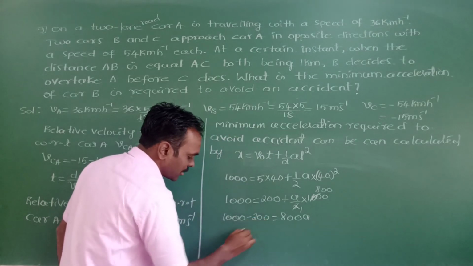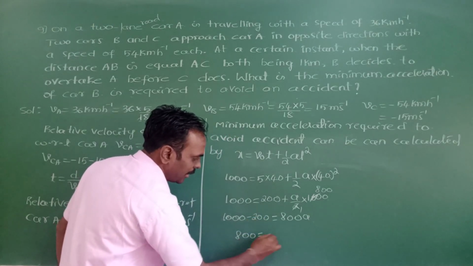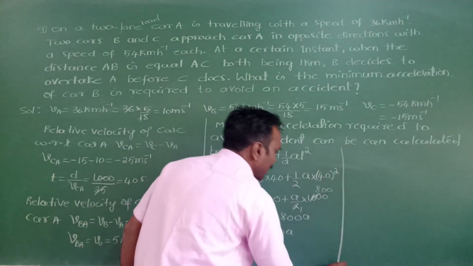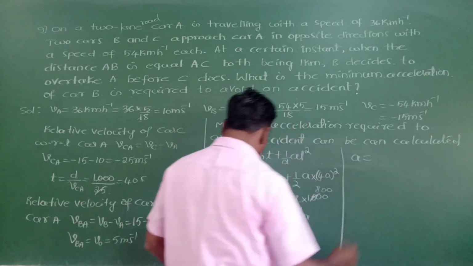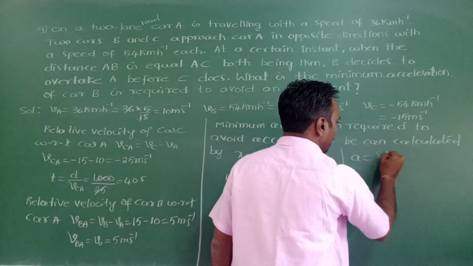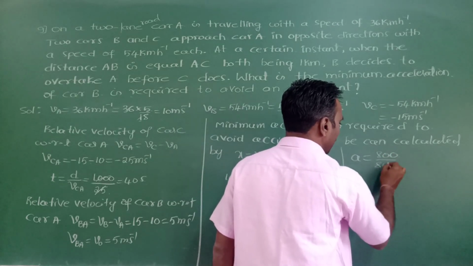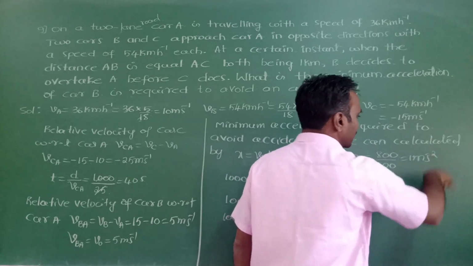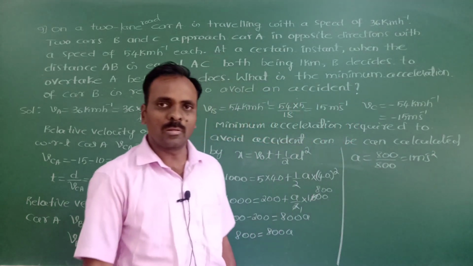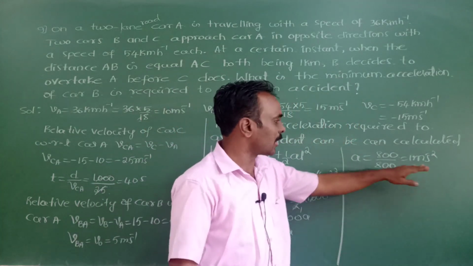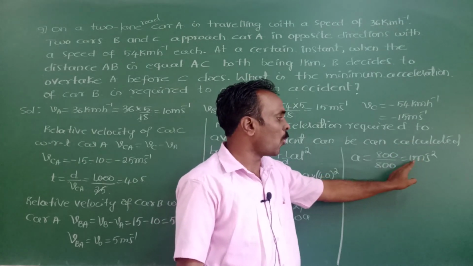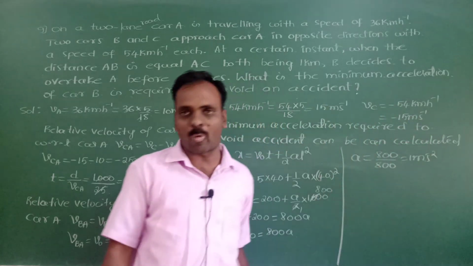So 1000 minus 200 is equal to 800, and this is also 800. So the minimum acceleration required is equal to 800 divided by 800, which is 1 meter per second square. So here the minimum acceleration required to avoid an accident is 1 meter per second square.